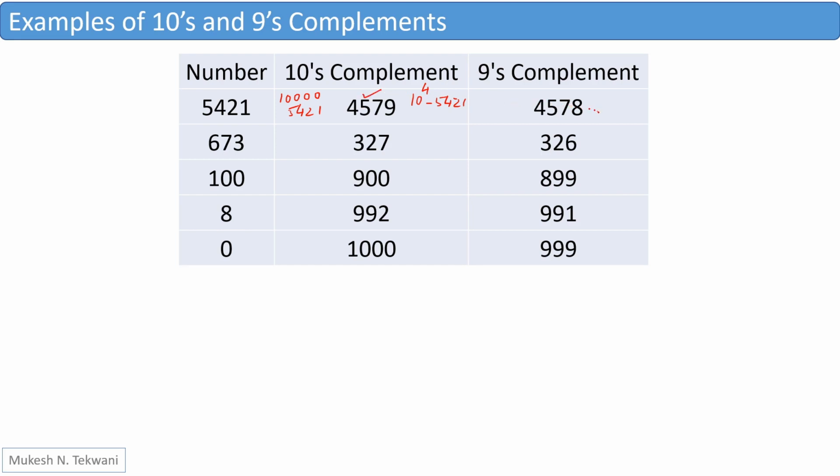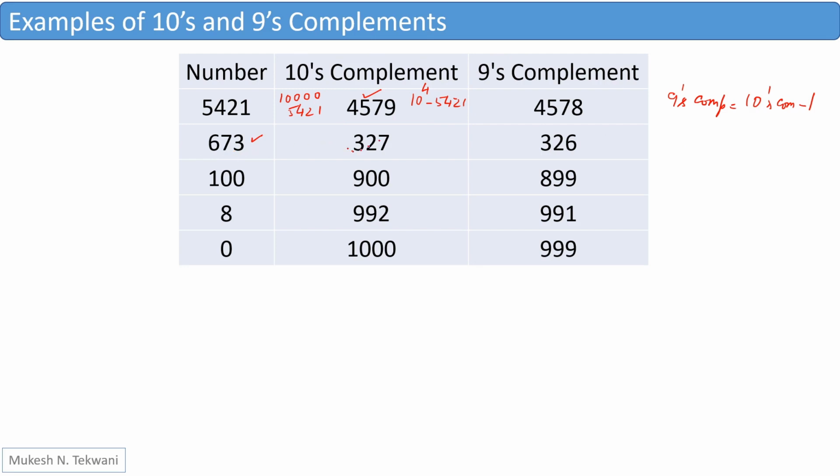And now we know that the nines complement will be 1 less than the tens complement, so we have nines complement is nothing but the tens complement minus 1. So we have 4579 minus 1. Let us consider the next example, 673.